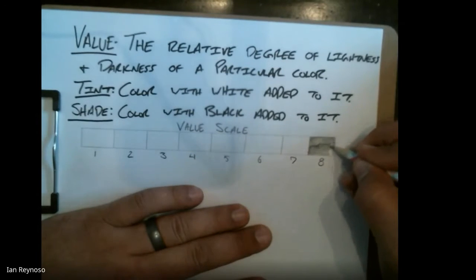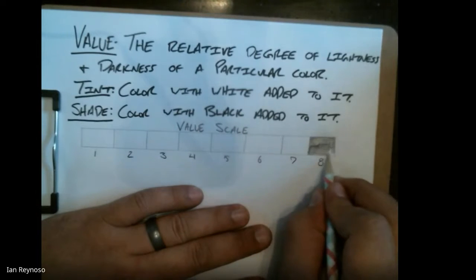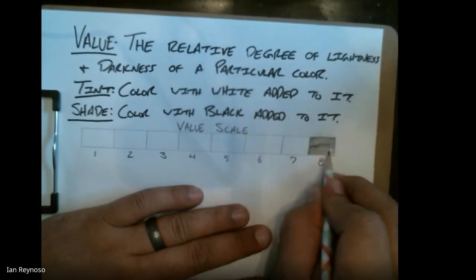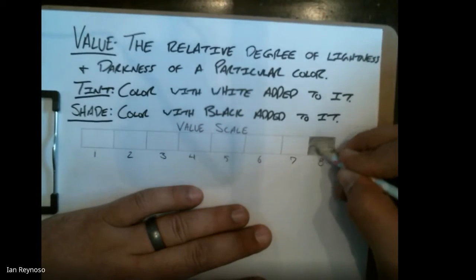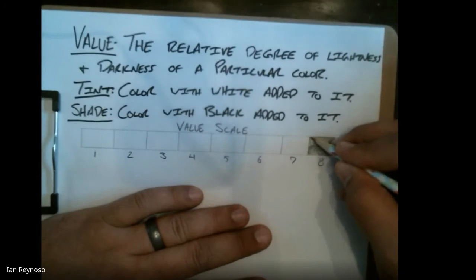Now this pencil doesn't allow me to get very dark, but I'm still going to get it as dark as I can by pushing down pretty hard. Obviously, you don't want to push down so hard that you rip through the paper, which I almost did.